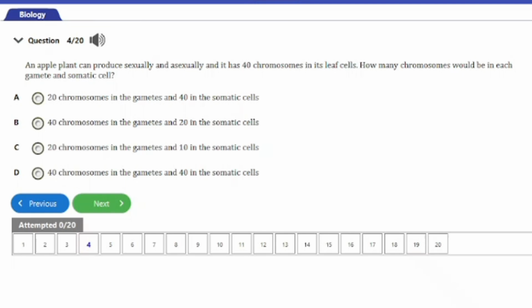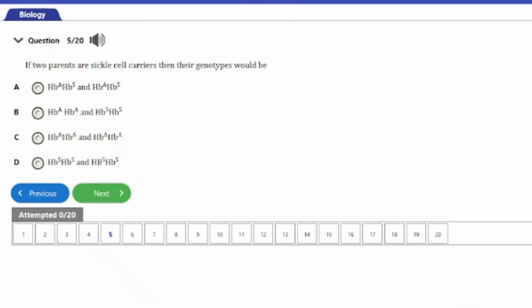So since the apple plant actually has 40 chromosomes, you will have a total of 40 chromosomes in these somatic cells, while you will have half of that number in the gamete cells, and that's 20. So option A is the correct answer to this question. So let's go ahead and consider the next question here.